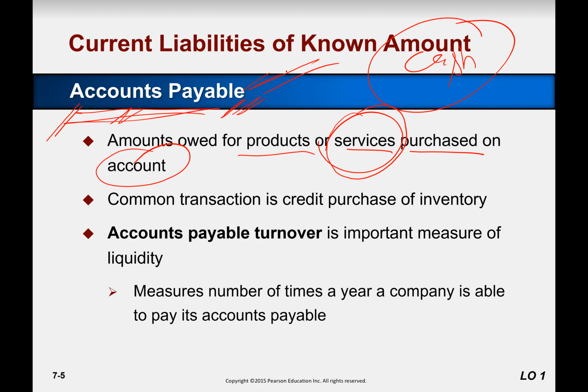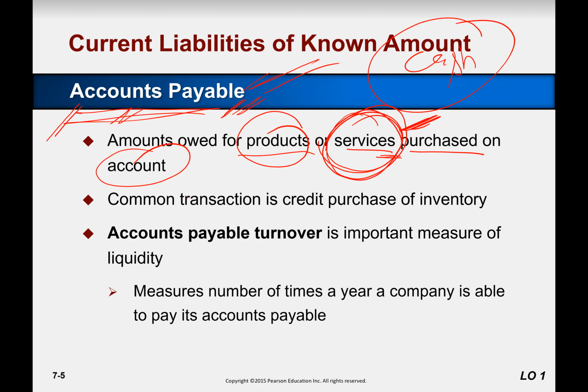All those advices are on the basis of services provided by third parties. So their supplier is providing them services. Accounts payable is created in both manufacturing and service companies, and trading companies as well.